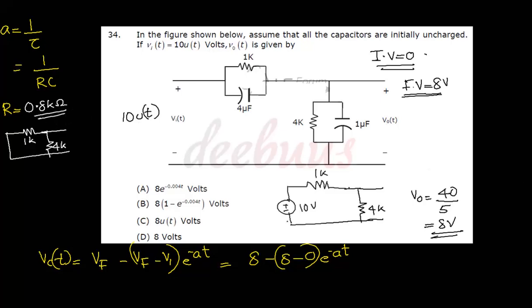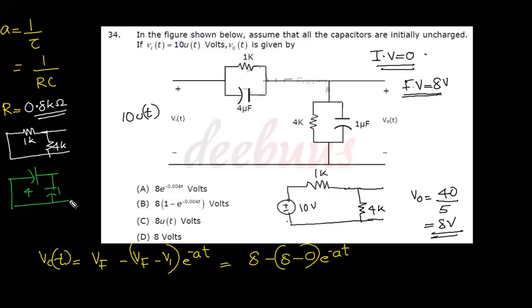Similarly, we can calculate the value of the capacitor. Right, for calculating the value of the capacitor, again I am short circuiting the voltage source and open circuiting the resistance elements. So there is a capacitor of 4 microfarad, right? Similarly, another capacitor of 1 microfarad is here.